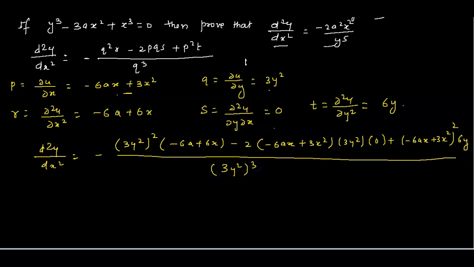So now we'll simplify this one here. This one I get 3 squared, 9y to the power of 4, and 6 we can take common here. So we get 9 times 6 are 54 y to the power of 4 times minus 2a plus 2x, and the middle part is 0, as 0 times anything is 0. This whole term is 0. And here we can take 3 outside, so 3 squared becomes 9, and 9 into 6 is 54.